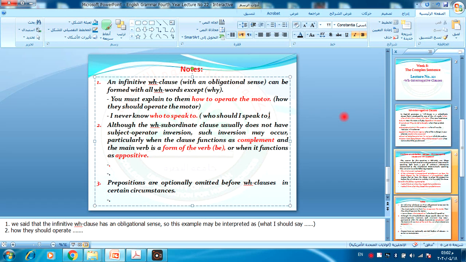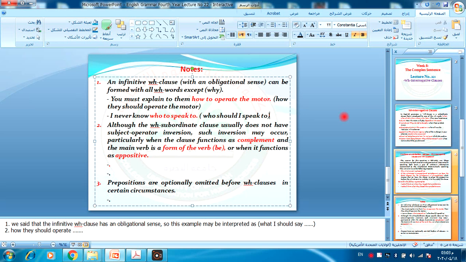Okay, now let's go to note number 2. Although the WH subordinate clause usually does not have subject-operator inversion, such inversion may occur, particularly when the clause functions as a complement and the main verb is a form of the verb be, so it could be is, was, were, or when it functions as an appositive.